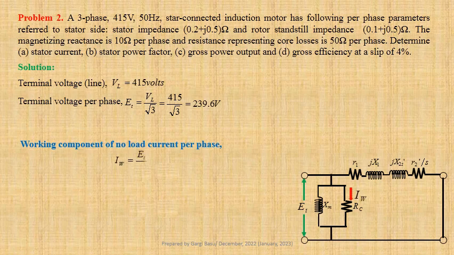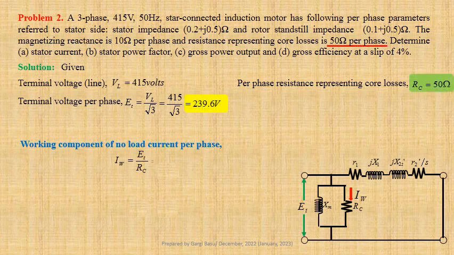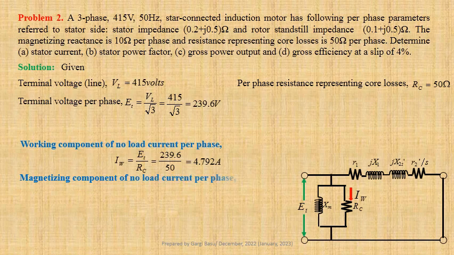Let us now calculate working component of no load current per phase. Iw equals Et divided by Rc. Given per phase resistance representing core losses, Rc equals 50 ohm. Therefore, Iw equals 239.6 divided by 50, that is 4.792 ampere. Magnetizing component of no load current per phase Im equals Et divided by Xm.